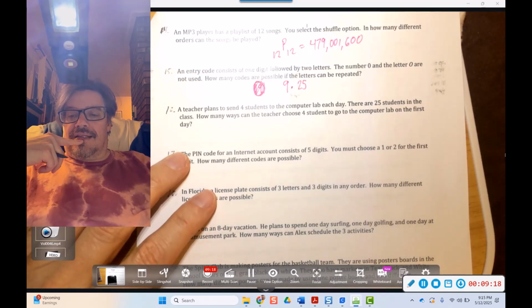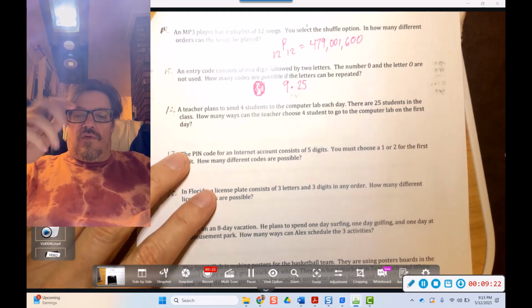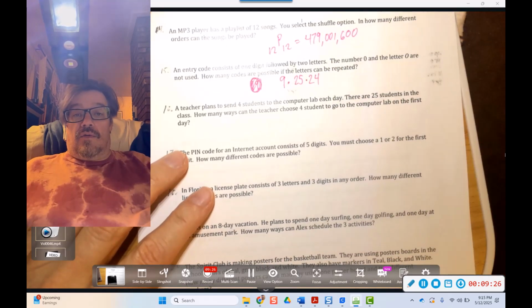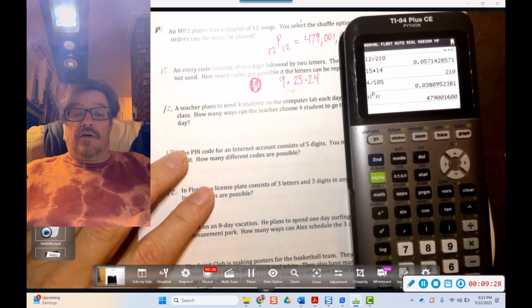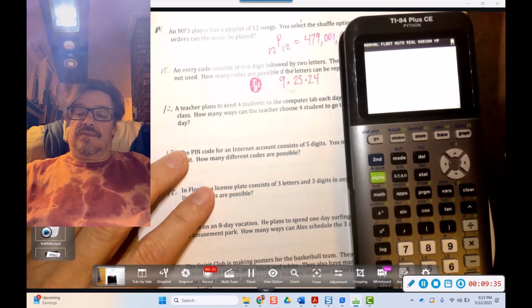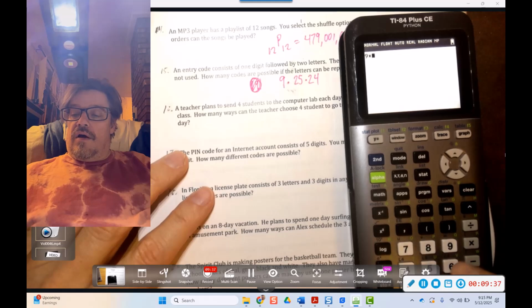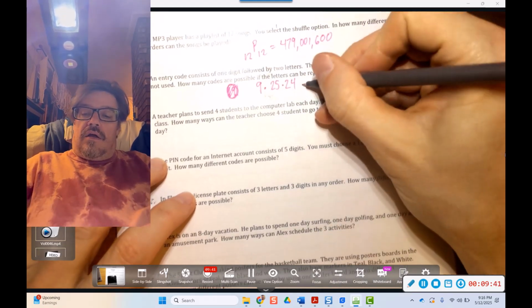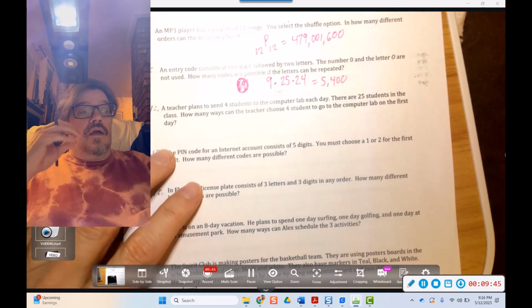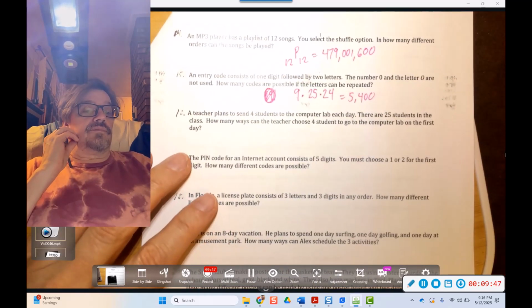Next though, I can't have a repeat of the one before, so now I've got 24 letters to deal with for the second letter. Now I only have a digit and 2 letters. The reason why this is 25 instead of 26 is because we are short O. That's a total of 5,400.